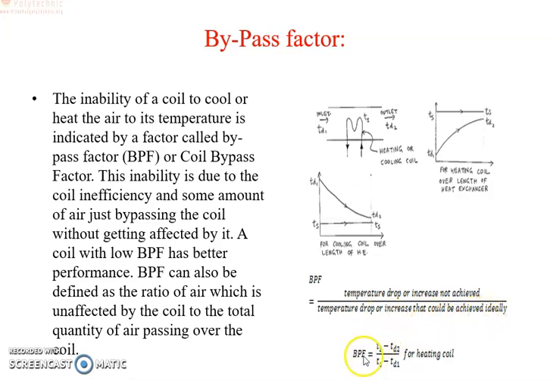So mathematically, the bypass factor is equal to (Ts minus Td2) by (Ts minus Td1) for the heating coil. Then for the cooling coil, the bypass factor is equal to (Td2 minus Ts) by (Td1 minus Ts). So this is all about the bypass factor.